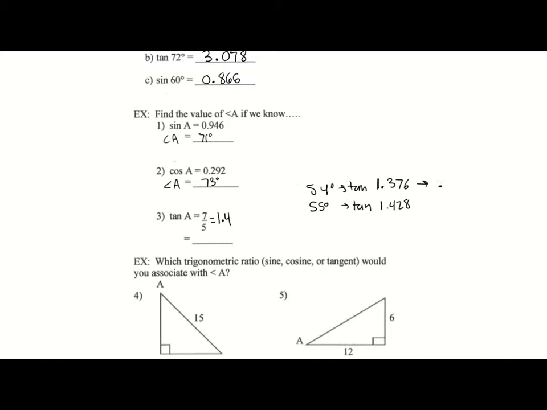This one is 0.024 away from 1.4, and this one is 0.028 away from 1.4. So since this one is actually closest to 1.4, 54 degrees is going to be my angle. Okay? And if you need help practice reading that table, raise your hand and I'll come show you how to read the table.